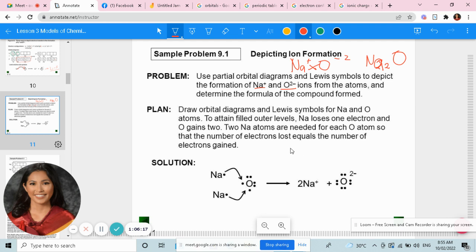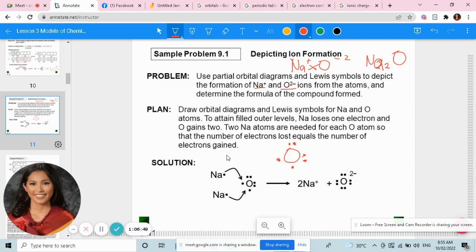We put the oxygen as the central atom, since we put the nonmetal at the center. We have 1, 2, 3, 4, 5, 6.